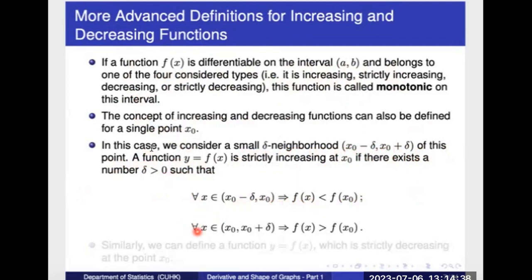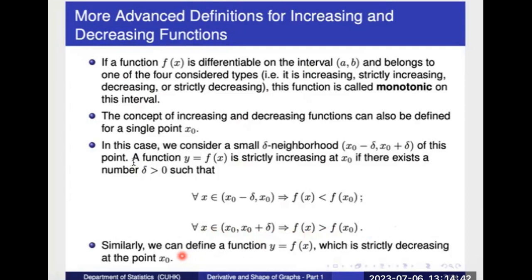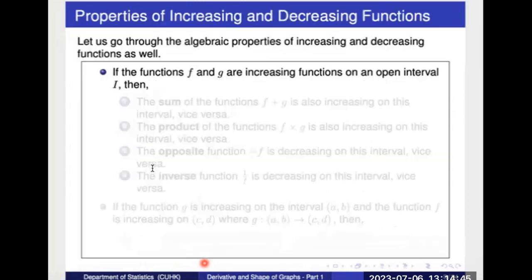And for all x values within the interval x sub 0, x sub 0 plus delta, f of x is greater than f of x sub 0. We can apply a similar reasoning to define a function y equals f of x that is strictly decreasing at the point x sub 0.